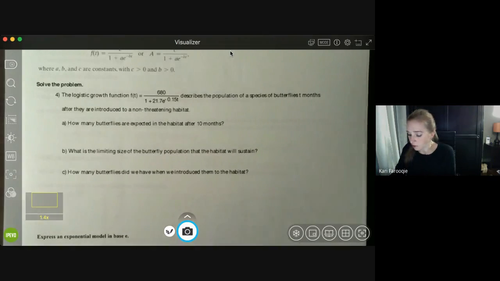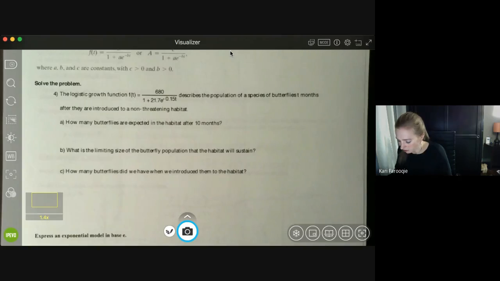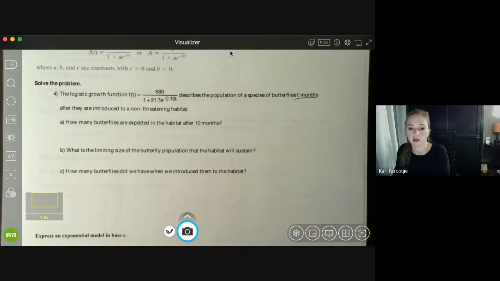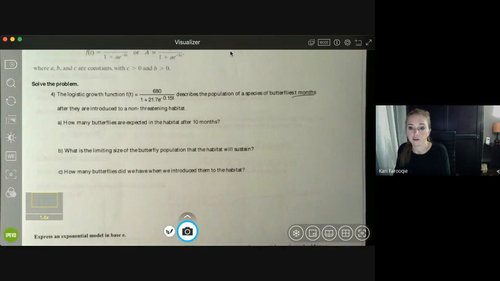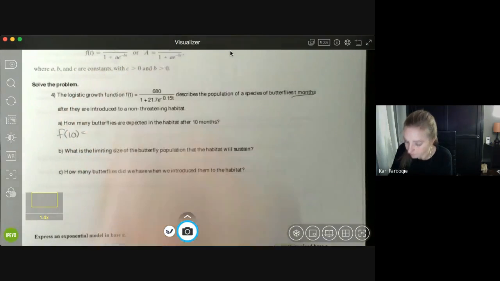Now, you're not given a whole ton of space on these. Again, for a reason, they don't require a whole lot of work. Remember that t is the number of months after they're introduced to the non-threatening habitat. So if t represents months, and you're trying to figure out how many butterflies are expected after 10 months, then you're just trying to find f of 10.